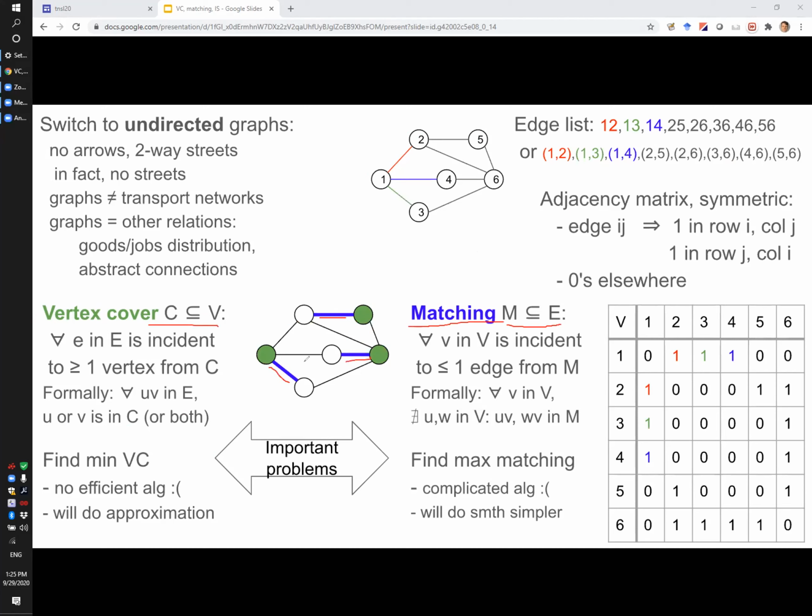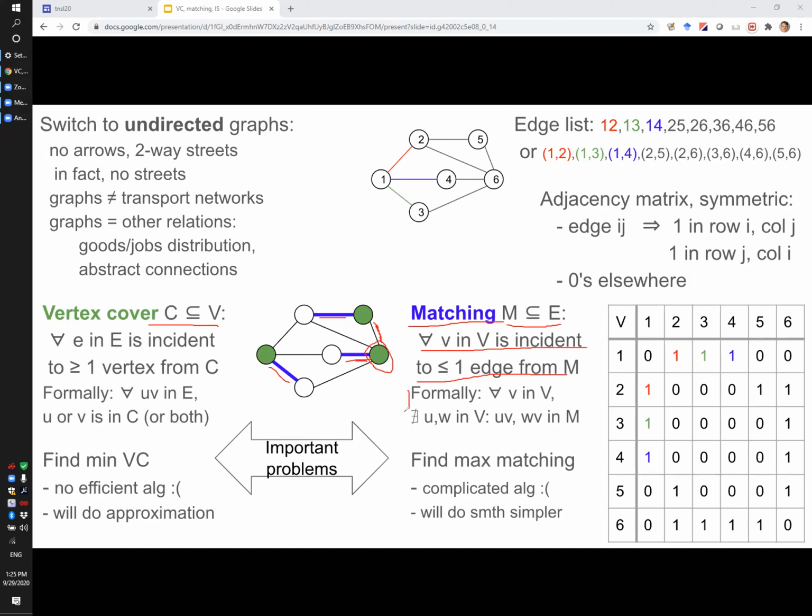So a matching is a subset such that there is no vertex at which you would have two edges in the subset coming to that vertex. For any vertex in the graph, at most one edge from the matching is incident to it.